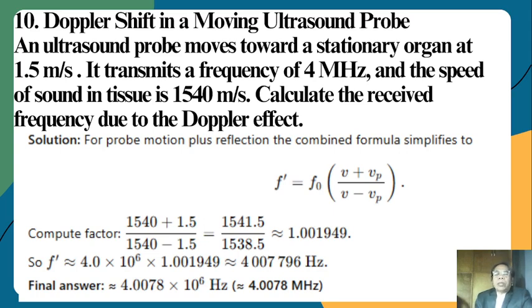So compute the factor, the one enclosed in parentheses. Substituting the given data, you will be getting 1.001949. And of course, substituting to the equation of f prime the given data and the calculated factor, that is equal to 4,007,796 hertz.